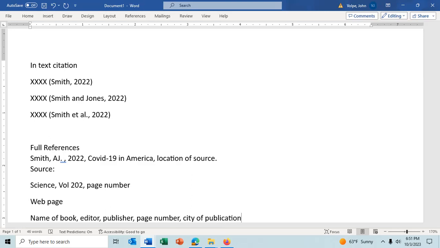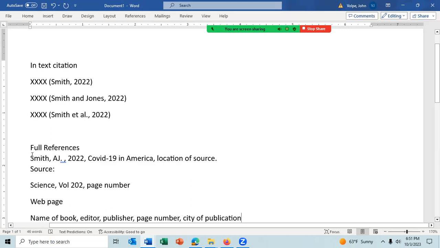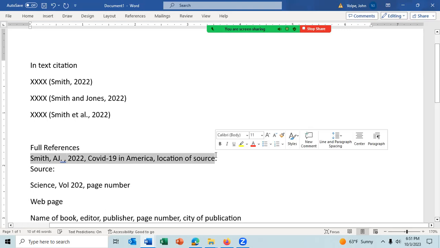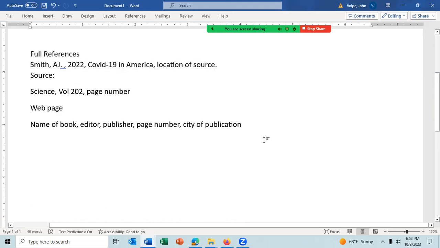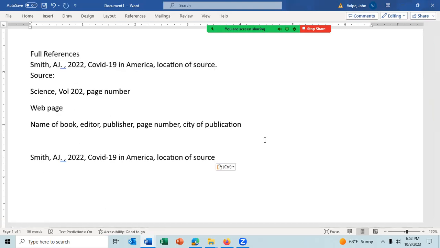Any question about any of these full references? And that's for Smith. Smith and Jones would be similar. Obviously, you just put both of them in. Oops, that's not right. Smith and Jones.